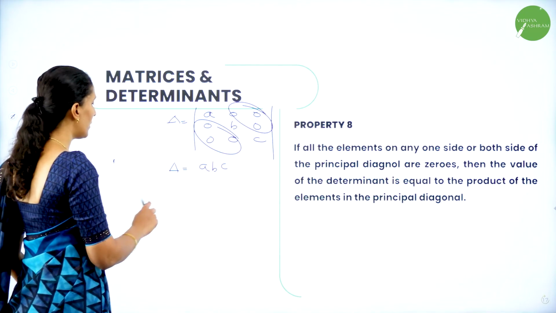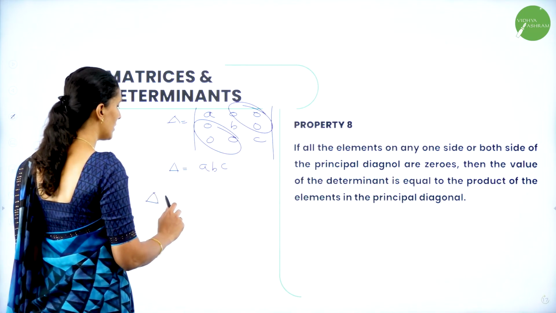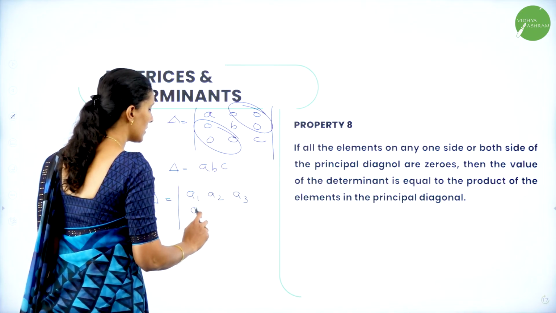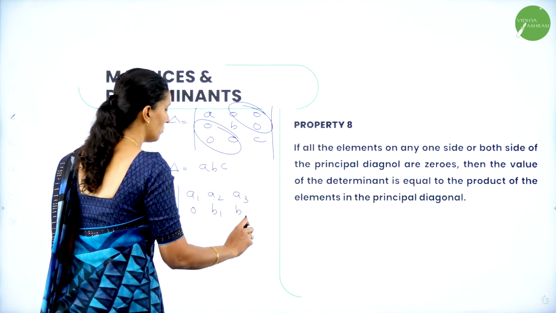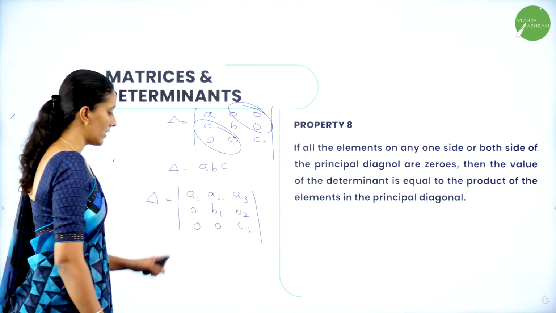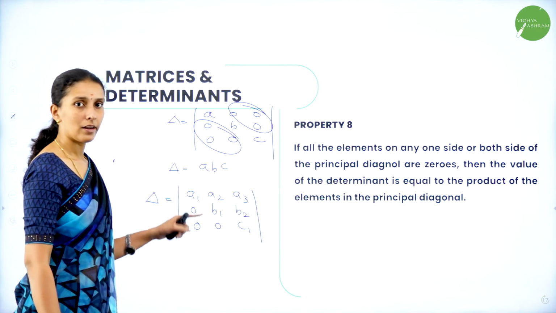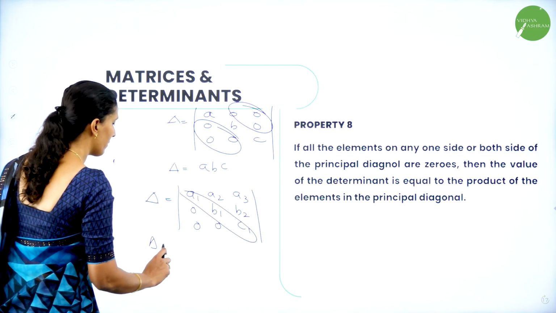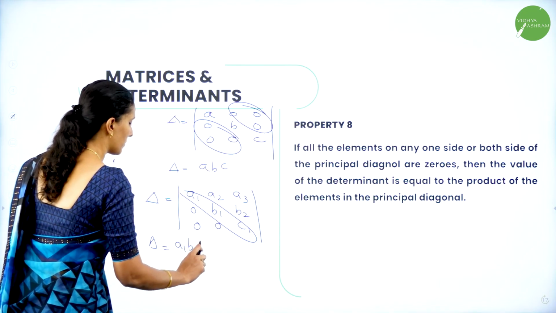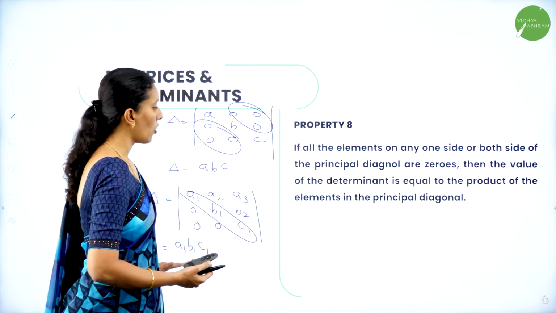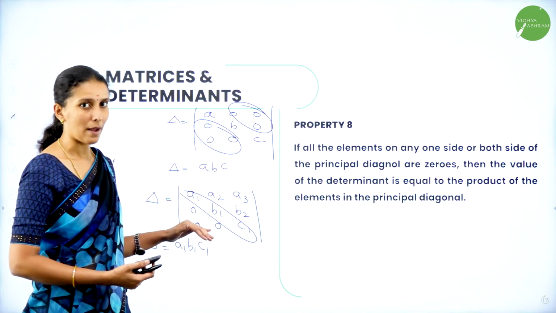Or if it is in the form of A1, A2, A3, 0, B1, B2, 0, 0, C1, then since one side of the diagonal is also 0, the value is only equal to A1, B1, C1. That is what the property says. We can also verify this with an example.